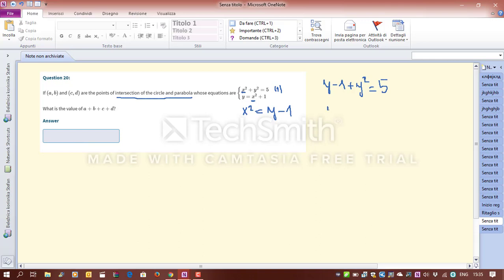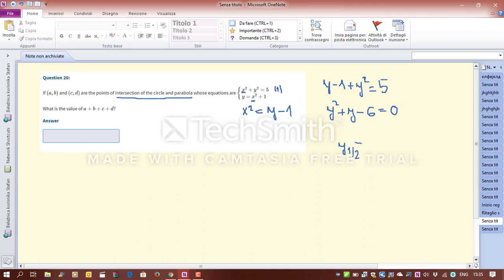And now let me rephrase a little bit. The first term will be y squared, then plus y, and 5 when it goes to the left side will be minus 5, so we will have minus 6 equals 0. Okay, and now we have to find these solutions.